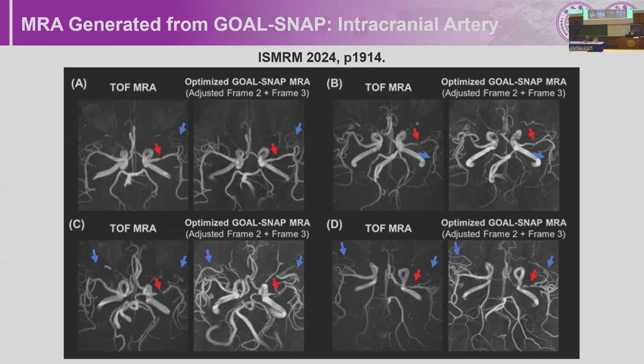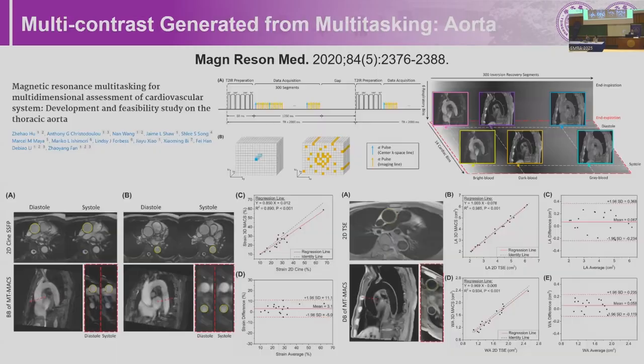This is also on 3T. You can see the MRA generated from the GoSNAP sequence is pretty good, but we still need to try to generate not only the MRA, but also the multi-contrast, multi-weighted imaging from this acquisition.